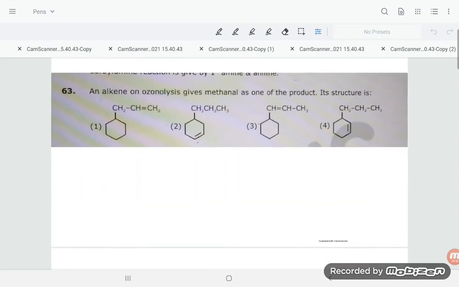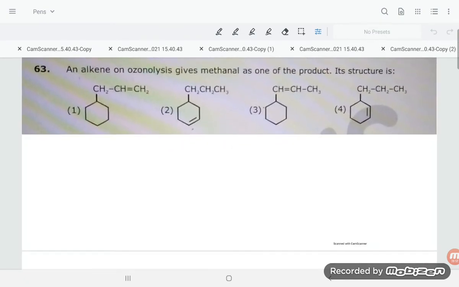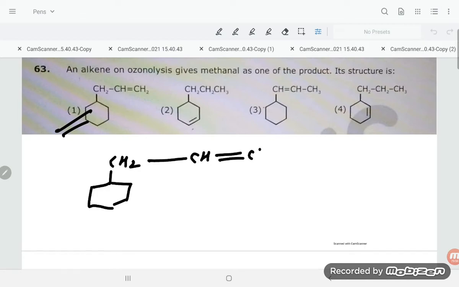So dear student, I am saying this one is the correct option. How am I saying that, student? If you see this one, the cyclo ring is there. Here is CH2, here is CH double bond CH2. If you talk about the reaction with ozone, one oxygen will go there, another 2 oxygens are coming down here.